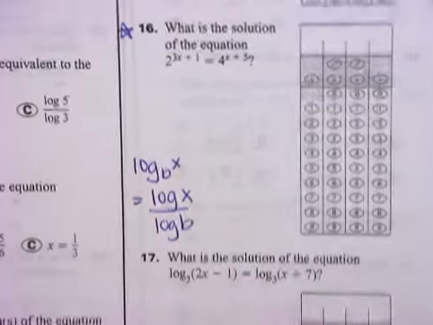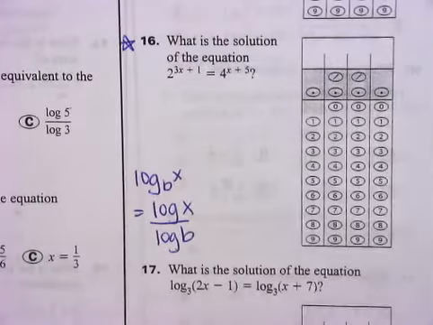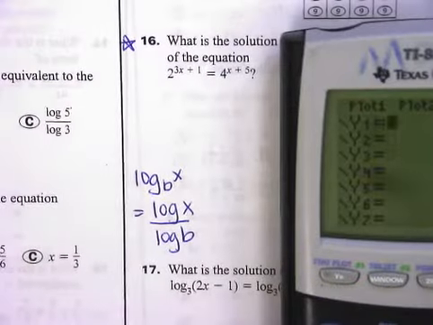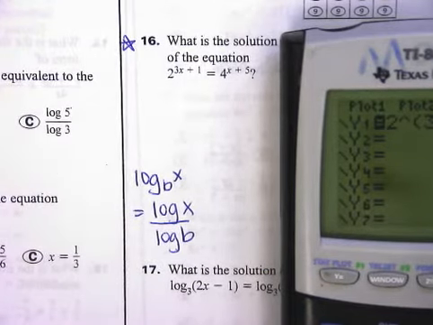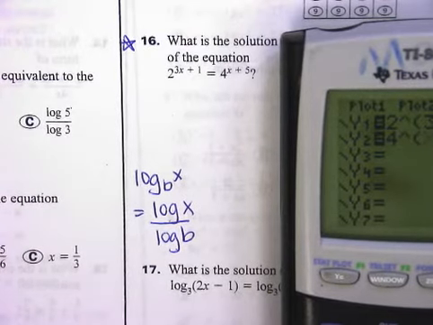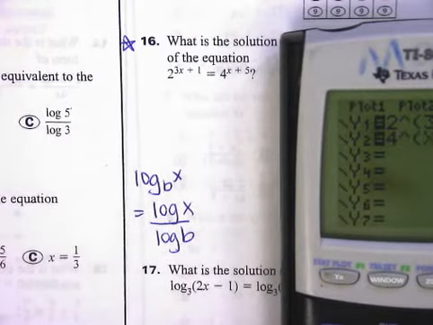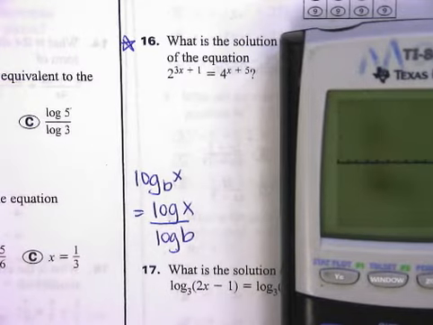Okay. Number 16 is also a graphing calculator problem. Whenever you want to solve, when in doubt, graph it out. So in my y1, I'd plug in 2 to the 3x plus 1, making sure to put parentheses around the exponent, 4 to the x plus 5. I would graph it.